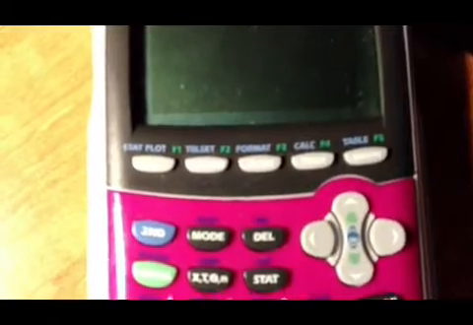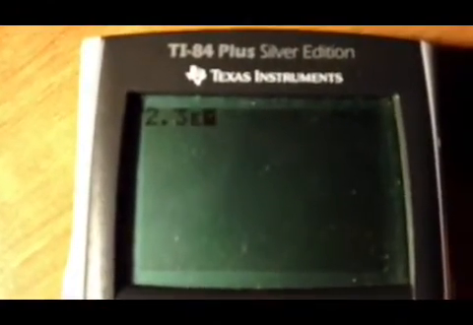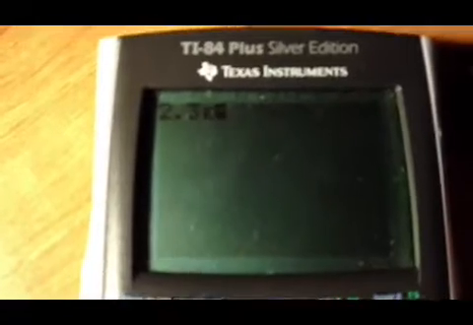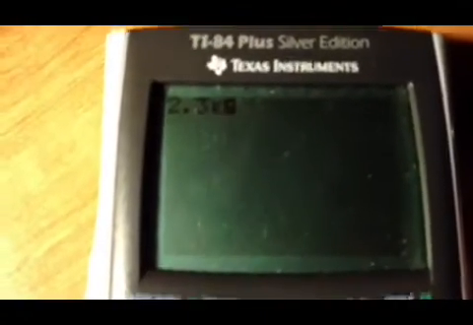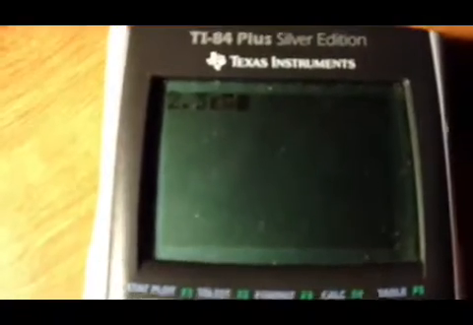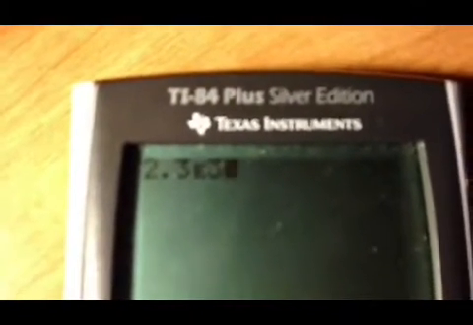To enter exponential notation or scientific notation in the calculator, you have a button on your calculator that is right here above the comma that is EE. It's a little blue button, so I'm going to hit the second button and the comma, and then it pops up E. So this is like saying 2.3 times 10, and then we have to tell it what power. So it's 10 to the third. So in our calculator, 2.3E3 is actually 2.3 times 10 to the third power.